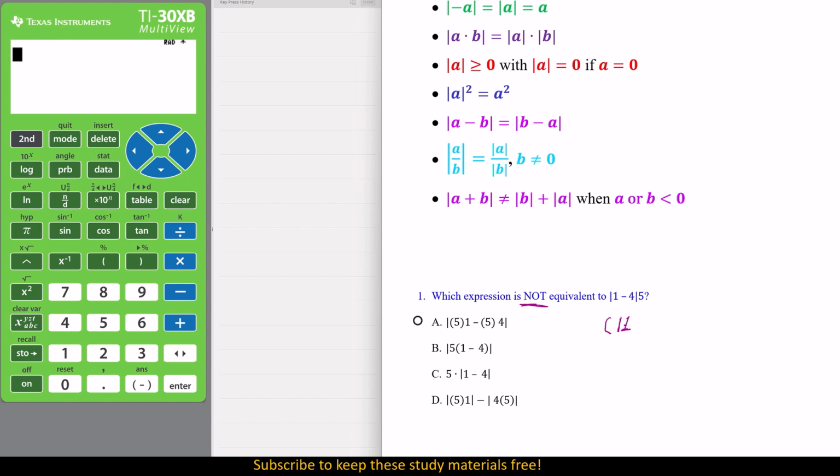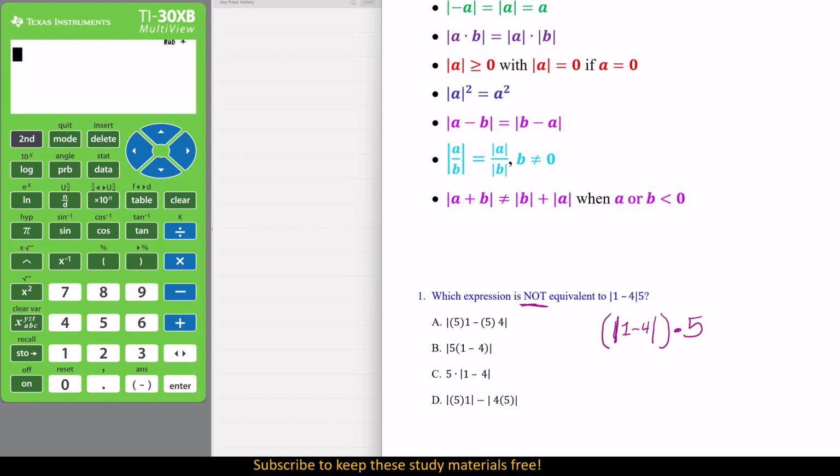Here, let me write this better. It's better to make it clear. The absolute value should be larger. Okay, 1 minus 4. So let's say that we have parentheses around everything and times 5. And the 5 can be in front, it doesn't matter.